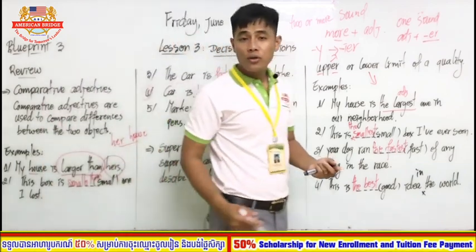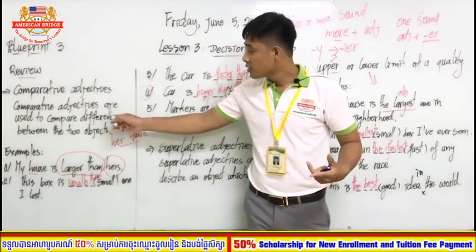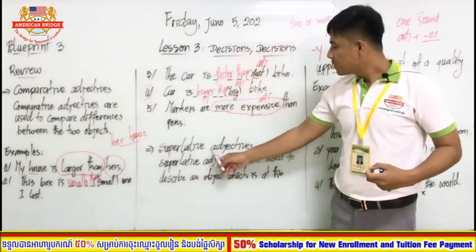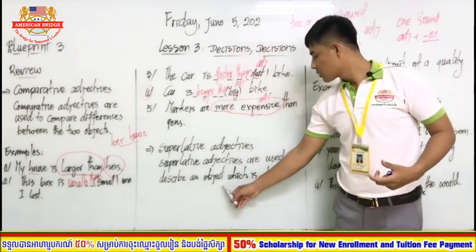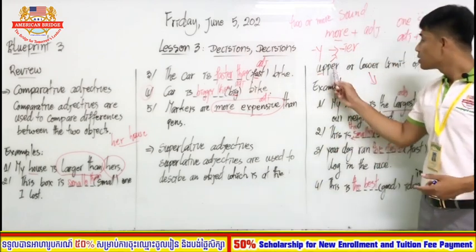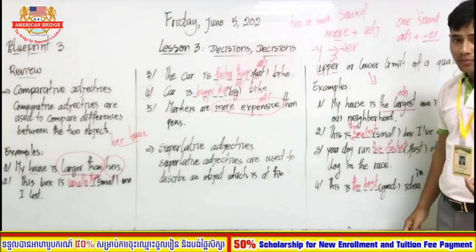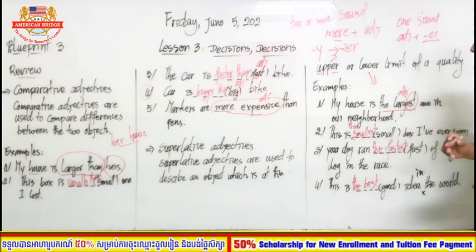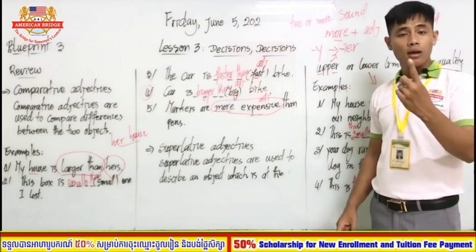Again, how do we use comparative adjectives? Comparative adjectives are used to compare differences between two objects. Superlative adjectives are used to describe an object which is at the super, means higher, and lower limit of a quality. As you can see here, we add est to the adjective. This is for adjectives that have only one syllable.